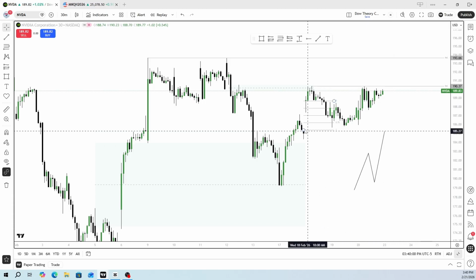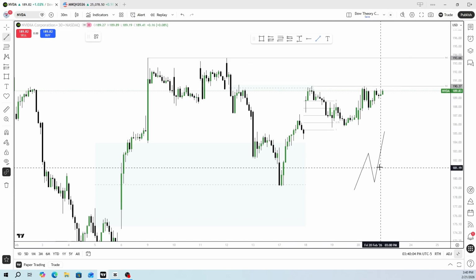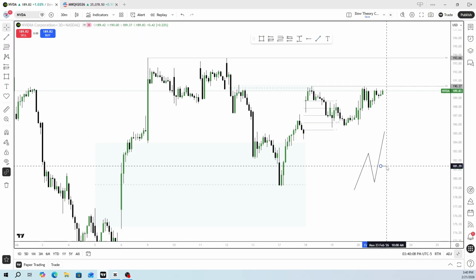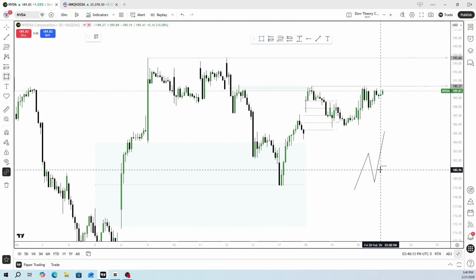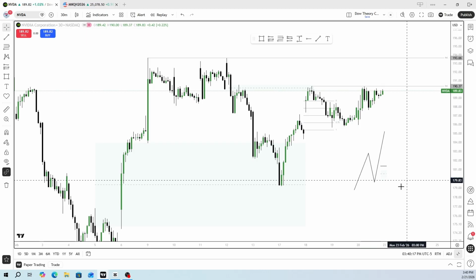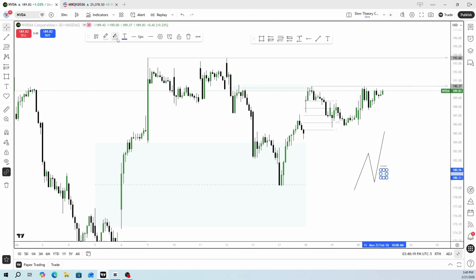All right, and we open up here. So say we open up right here inside of that fractal, right? But since we open up right here in front of that fractal, but below us, we left a gap, right?